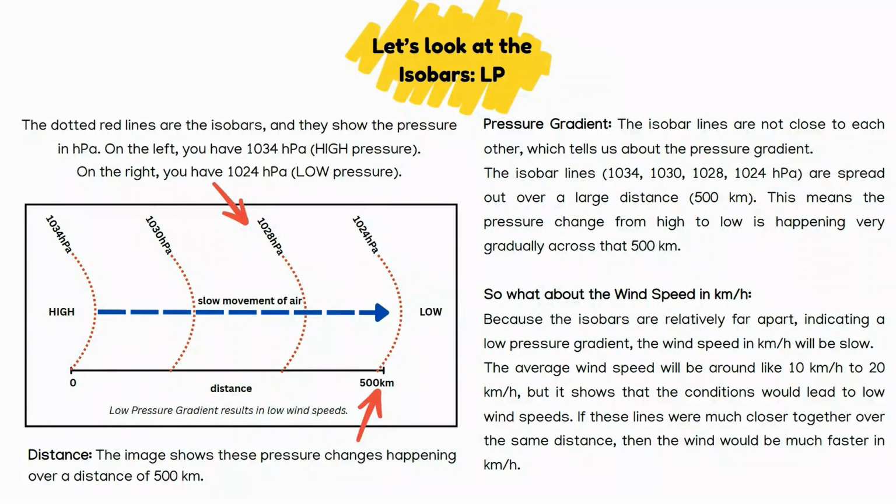Right, so let's look at isobars in a low pressure gradient. In this diagram, the dotted red lines are the isobars, and they show the pressure in hectopascals, hPa. On the left, you have 1034 hPa, which shows a high pressure, and on the right, you have a lower pressure.